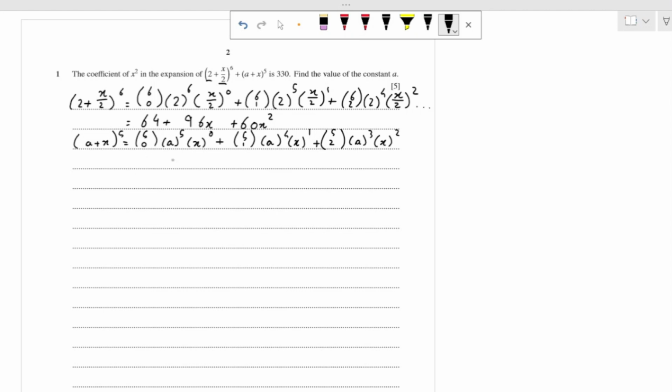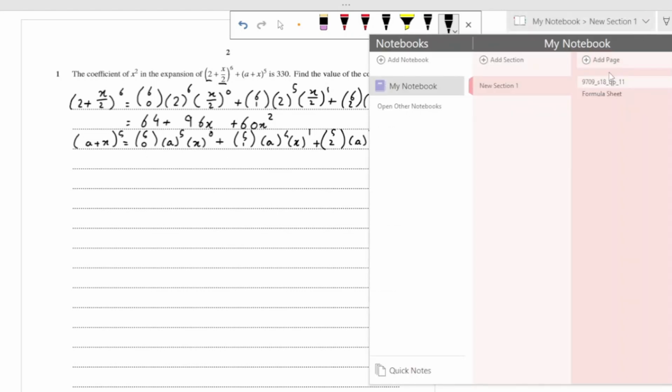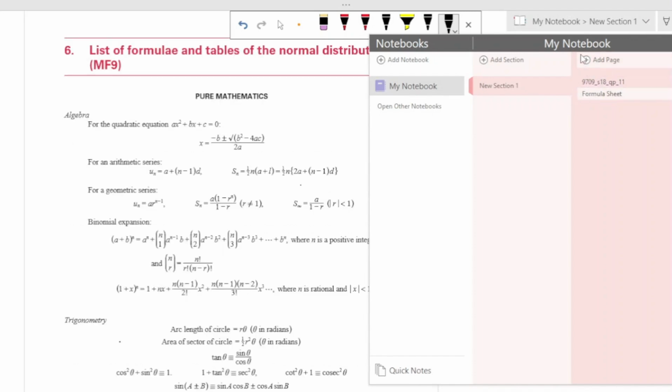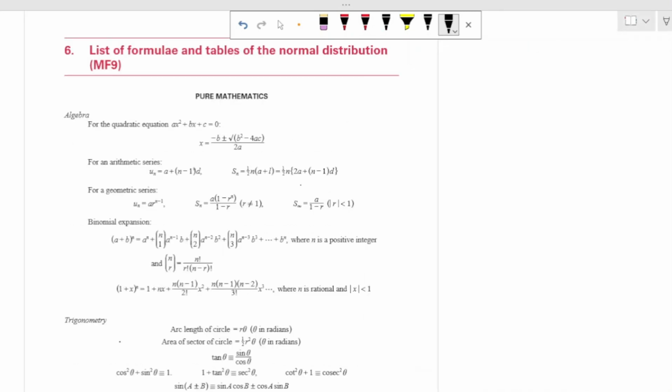And if you do not remember exactly how to expand the brackets, you don't need to worry, because you will also be given a formula sheet alongside, which shows exactly how you can expand any given bracket. You can see that they are also following the same format. So in case you don't remember the binomial expansion, it is there in the formula sheet as well.